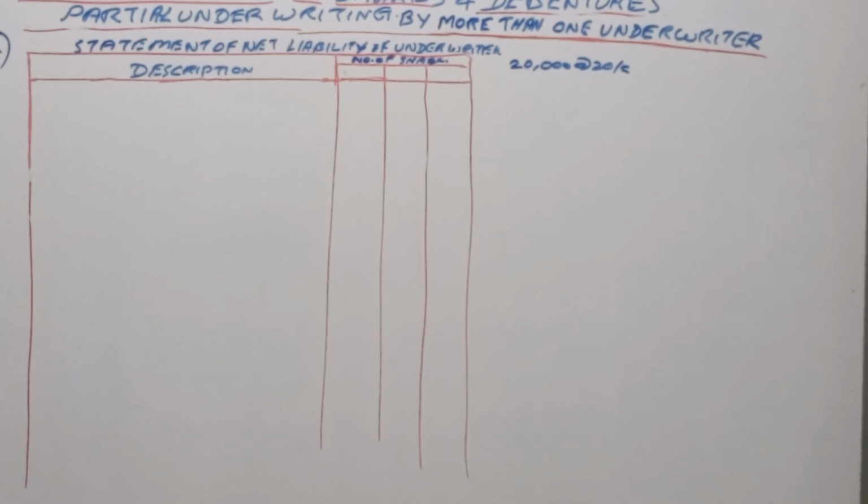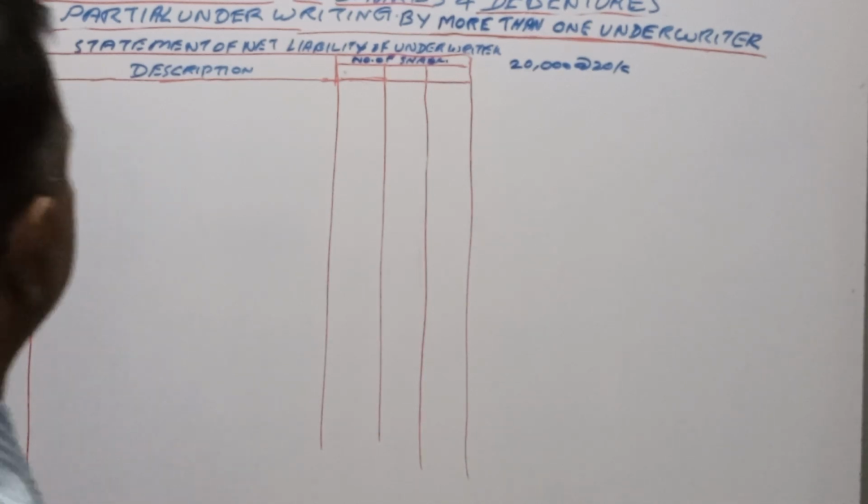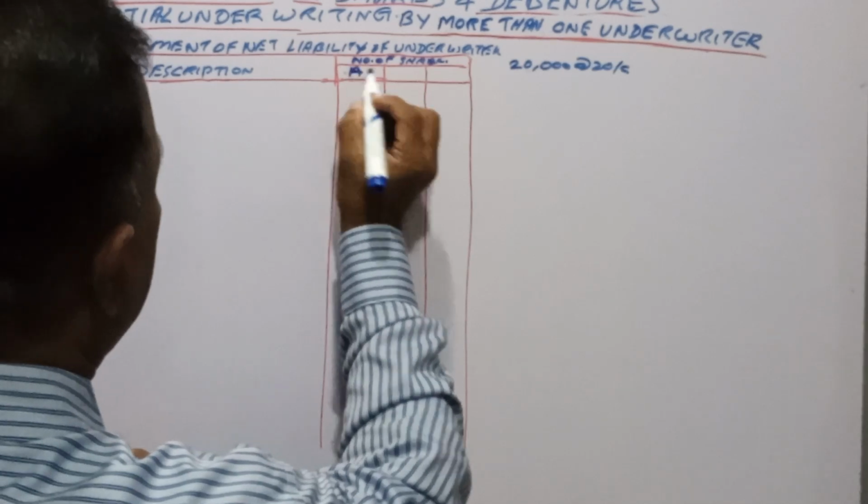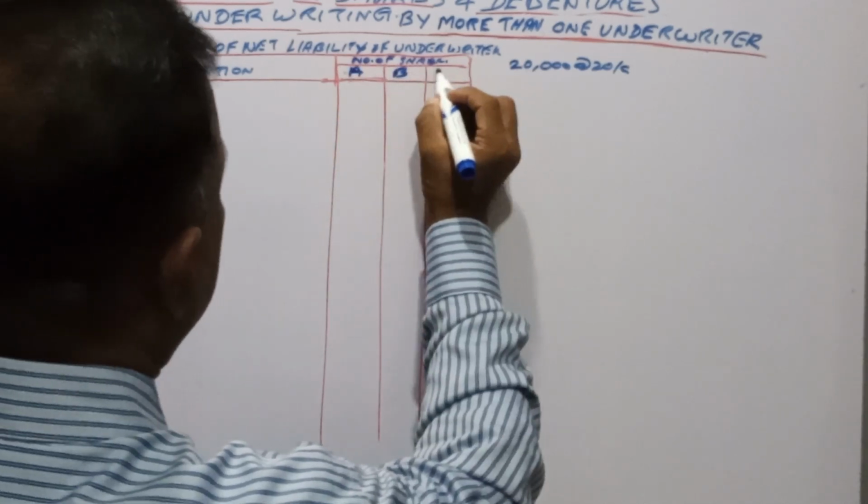The public applied for 17,000 shares, which included marked applications as follows: A 3,000 shares, B 2,000 shares. Determine the obligation of the underwriters, A and B.